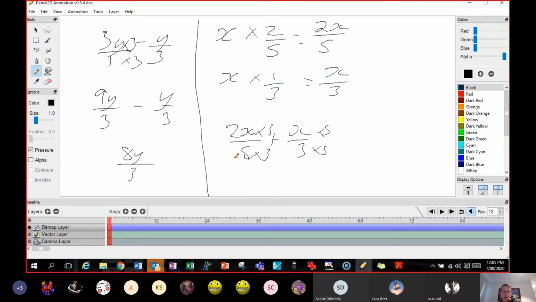So times this side all by 3, this side all by 5. That's going to give me 6x on 15 plus 5x on 15. 6x plus 5x will give me 11x on 15. And that will get you the answer there. Any questions on that one? That one was a tricky one.